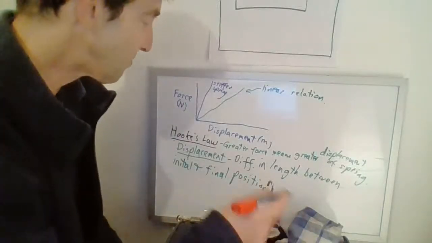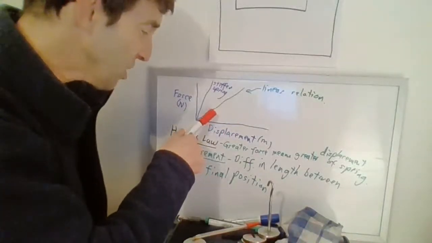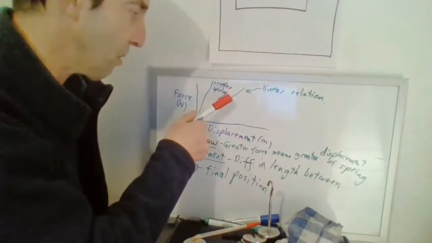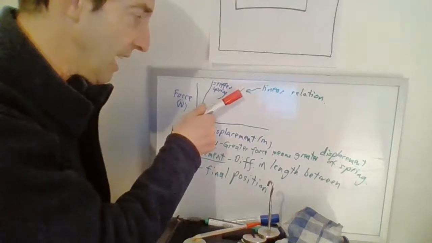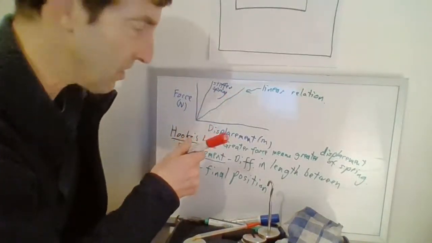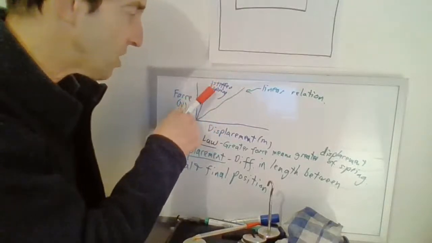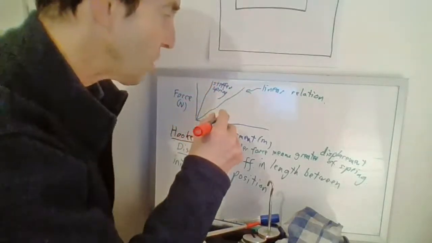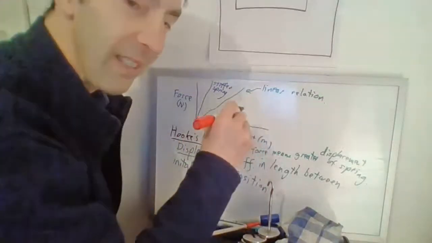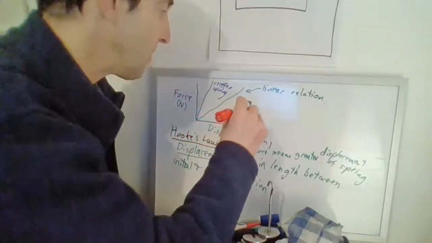So the slope of this line is lower, so it's less of a number. So if the slope is less, then the stiffness is less. And if the slope is greater, the stiffness is greater. So what we call that for springs is called the spring constant.